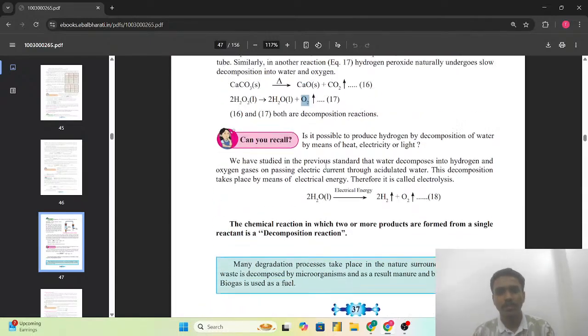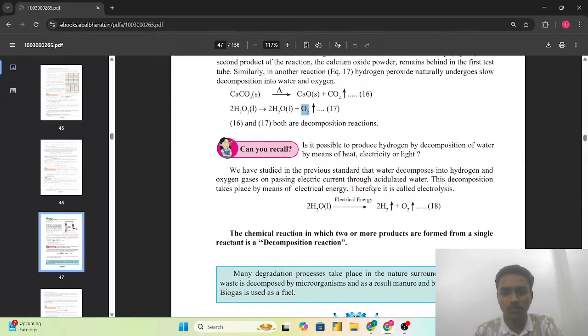So this we have studied. We have also studied the electrolysis process: when an electrical current is passed through water, the water gets separated into hydrogen and oxygen gas.